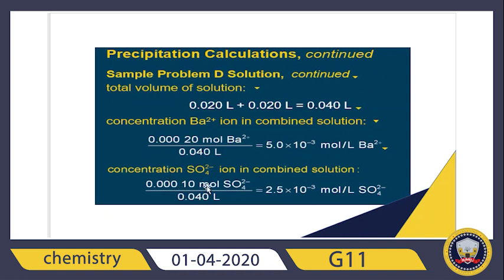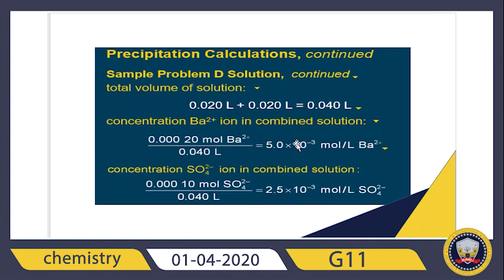The number of moles of the sulfate ions divided by the total volume of solution in liters. So here the value will be equal to 2.5 times 10 to the negative 3 mole per liter of what? Sulfate ion. So now, guys, we have the concentration of barium ions and the concentration of sulfate ions.